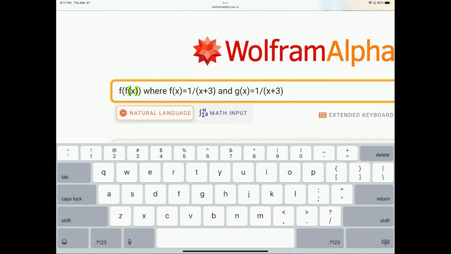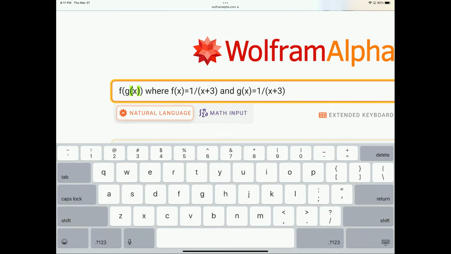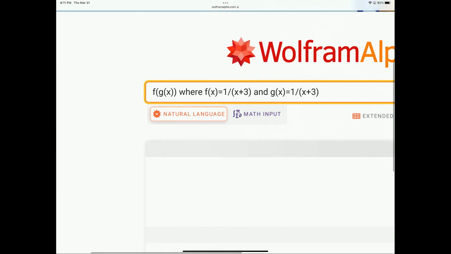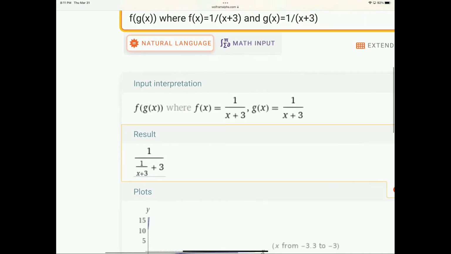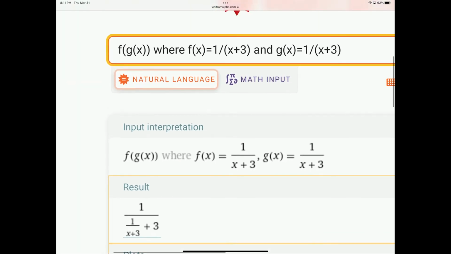And then if I ask for f of g, f and g are really the same, so I'm getting f of f. But when you do it this way, Wolfram Alpha will not be confused. It will actually do what you want. So that's my advice if you're trying to calculate f of f or g of g on a computer: type in the same function for f and g and then do f of g.